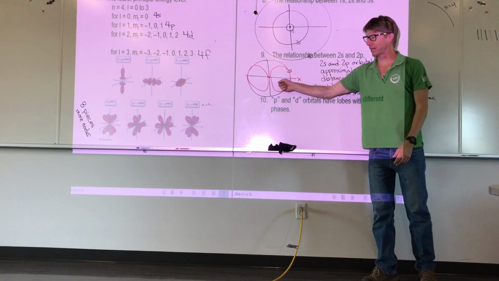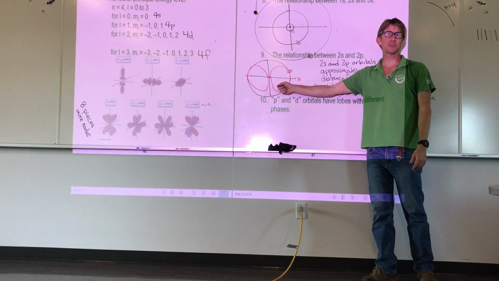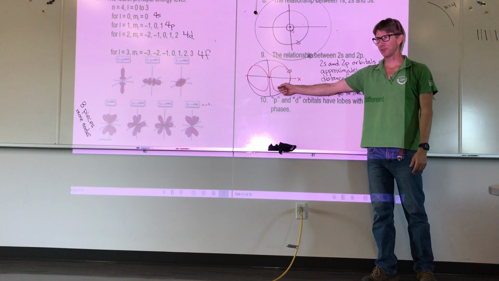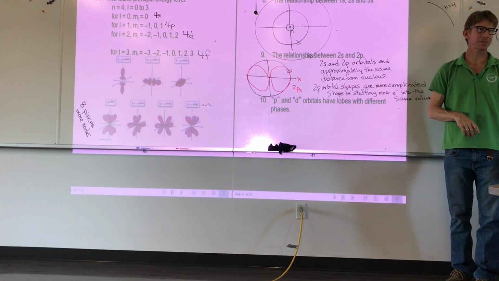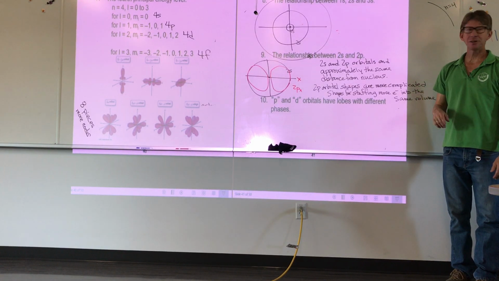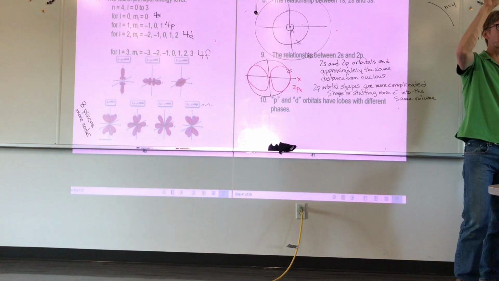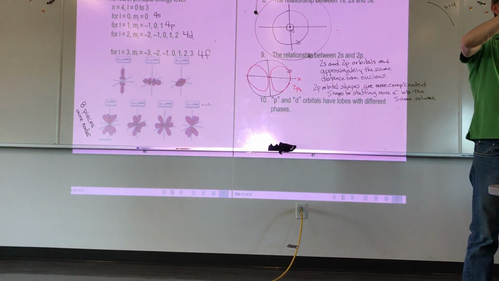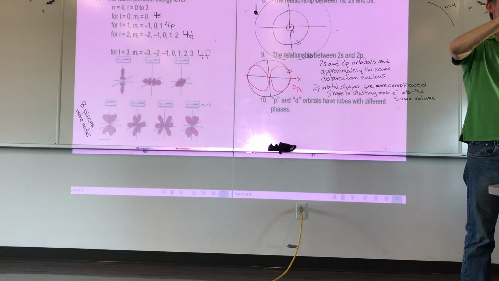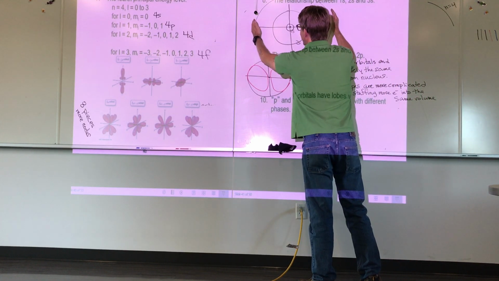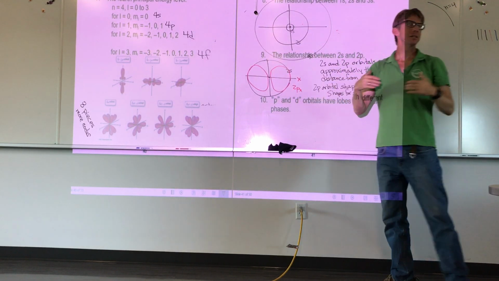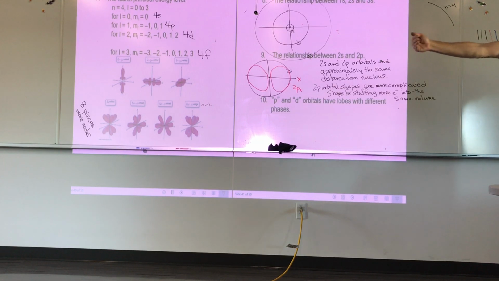And that's how I would like you to draw it on your quantum mechanics discussion sheet, if I ask you to do it on the homework and if I ask you to do it on the exam. And if I ask you to do n equals 3, 3s, 3p, 3d, they all end at the same radius, the same distance from the nucleus.